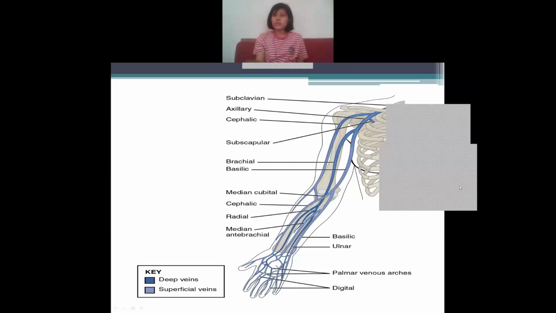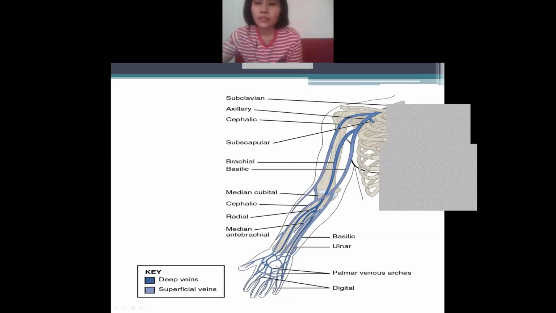Deep veins lie under the muscle. And superficial veins? Beneath your skin. Yes, they lie beneath your skin.